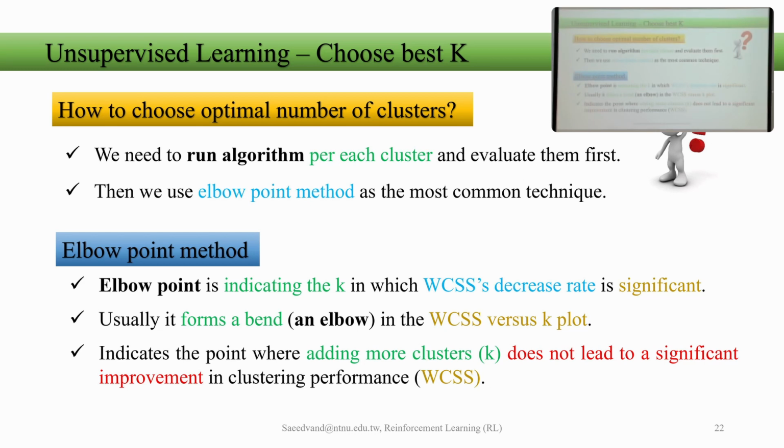So what we have here, I've written that we are indicating adding more clusters. We start from, for example, cluster one, which of course is useless, then 2, 3, 4, 5, 6, 7, 8, and we increase until we don't see significant improvement.